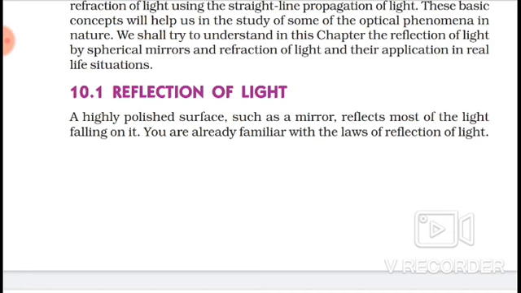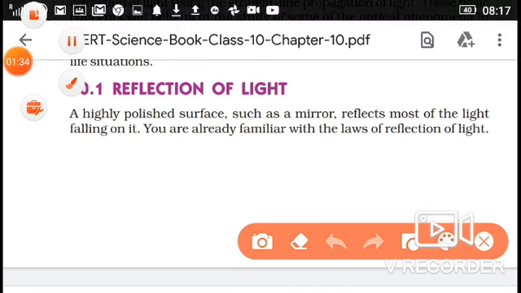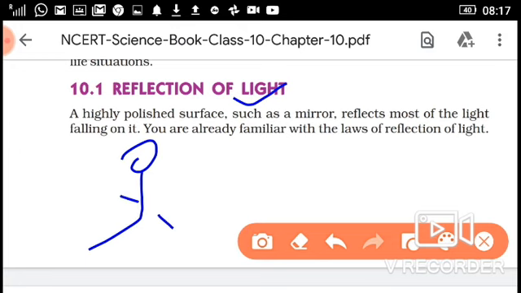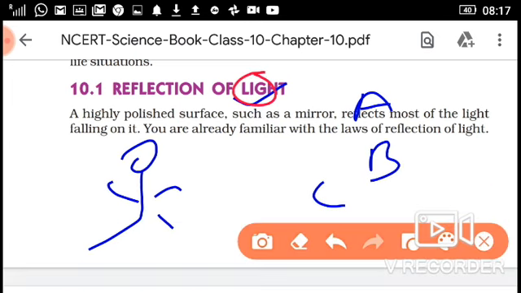So with the help of light we see the object. Now how do we see the object? For example, suppose you are here, and object A, object B, and object C are here, and this is a source of light, like the sun.